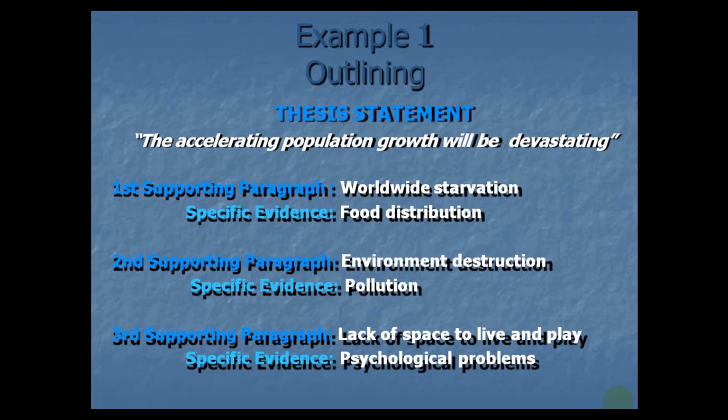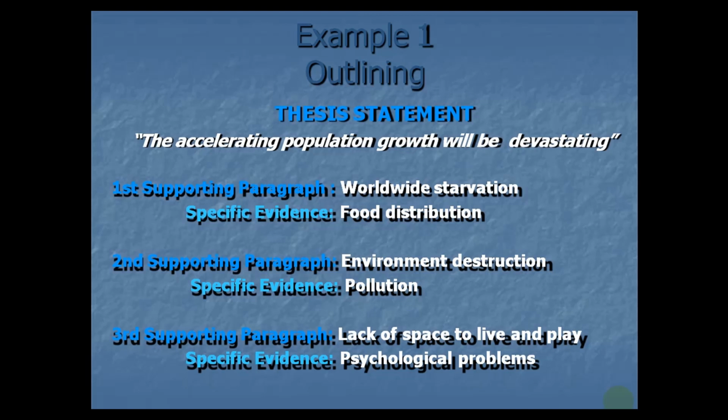Usually in this part, you have to include your supporting paragraphs with specific evidence. So there are 3 supporting paragraphs with specific evidence. The first supporting paragraph example is worldwide starvation, which means people in every part of the world do not have enough food to eat, and you can come up with specific evidence.